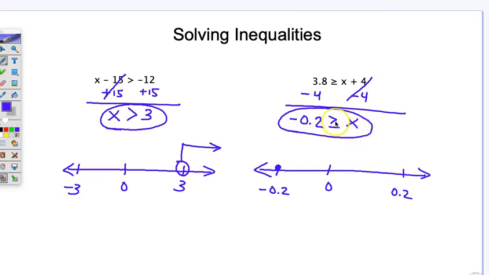X, our answer, is less than or equal to that value. Numbers that are less than negative 2/10 are going to lie to the left of this one. So because we have a solid circle here, negative 2/10 is considered part of our answer. Unlike over here, where it's an open circle, and 3 would not be included in our answer.